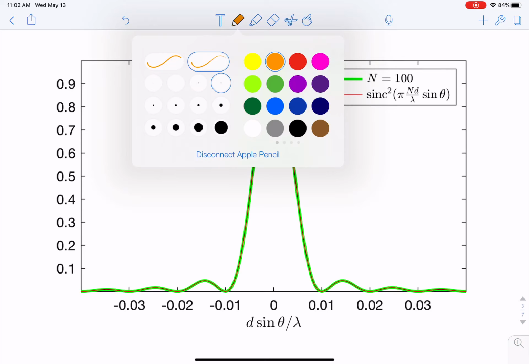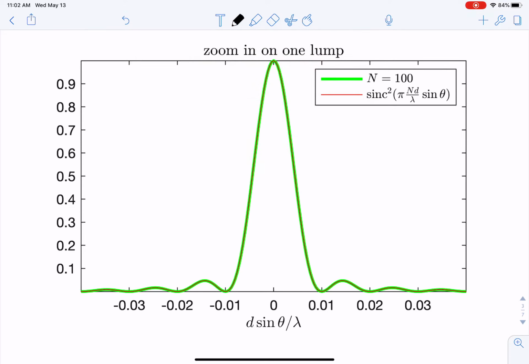And the interesting thing is that in this spot here, for the single slit, we would have had this. But what we have now is we've replaced a with n times the distance between the bars.